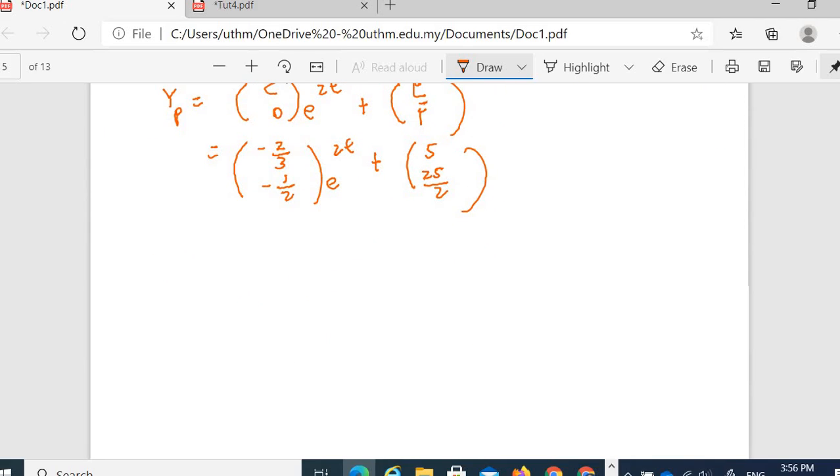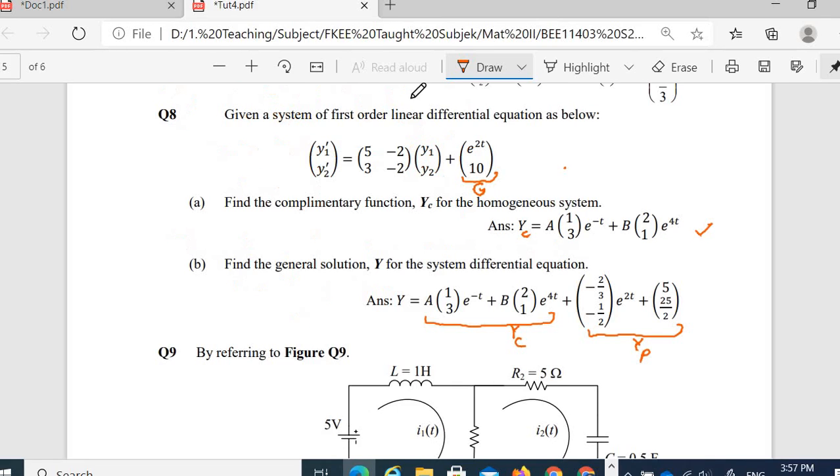And then your general solution for the non-homogeneous system will be y equals yc plus yp, which is basically given here, yc, plus this yp. So, any questions? Because time is also almost up.